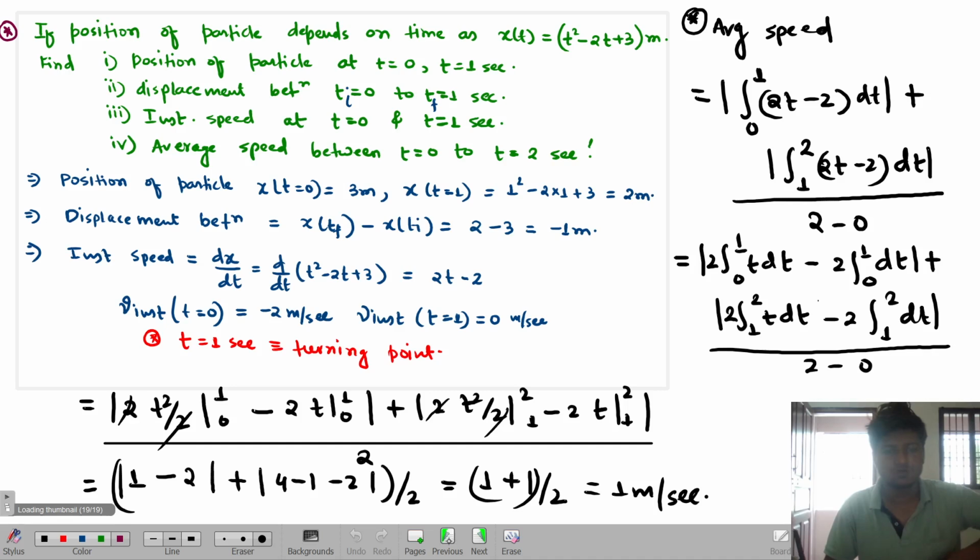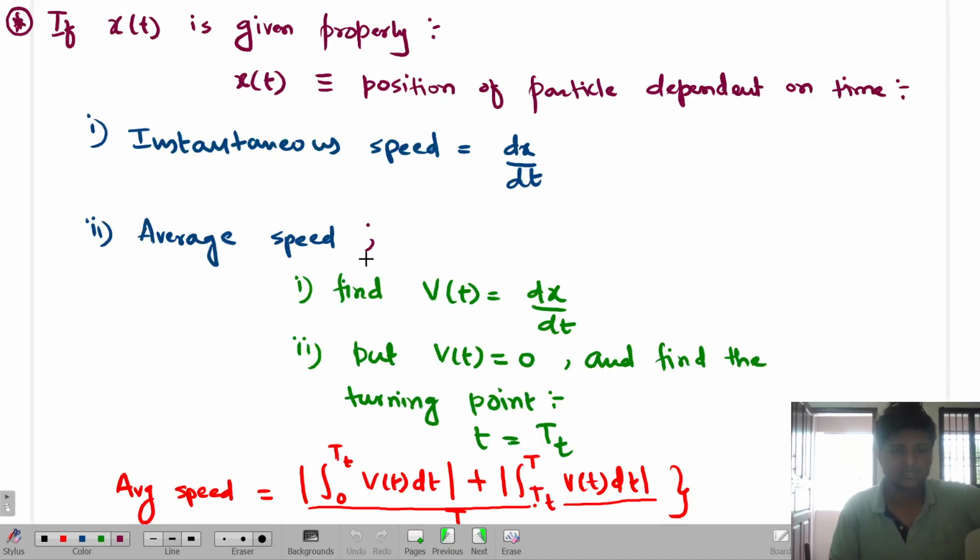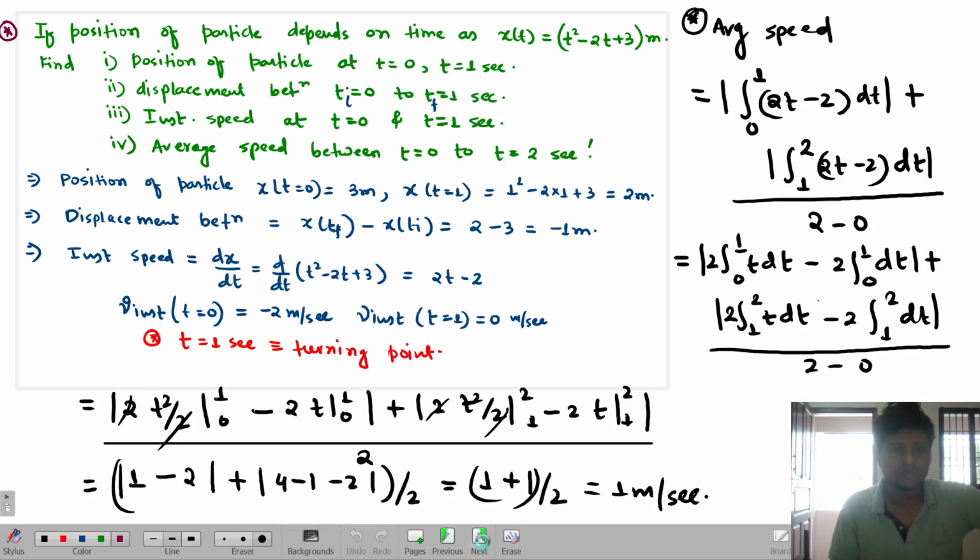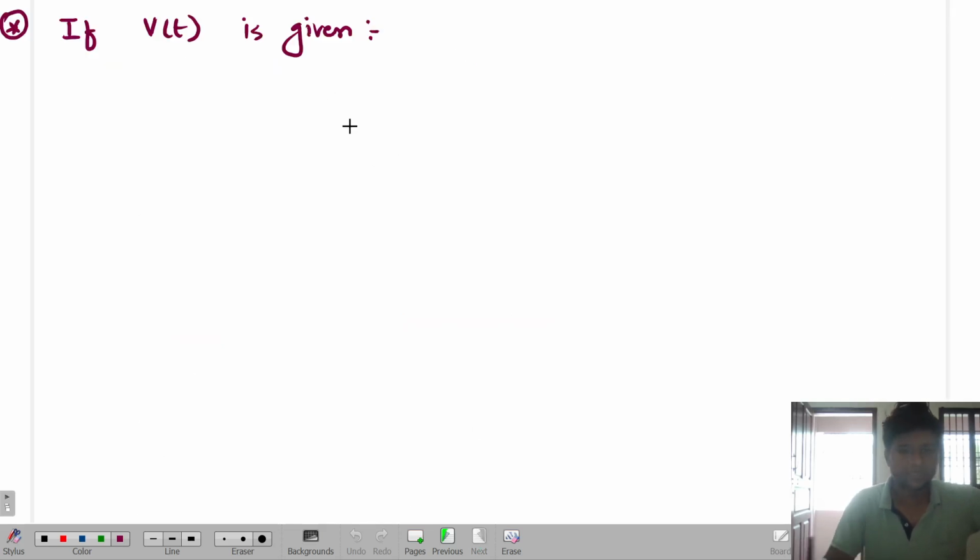So see what is the point here. xt was given, so you calculated vt and then the turning point and all these steps. If vt is directly given, then no need of any differentiation, you can directly apply the steps. Apply the first step, find the turning point.